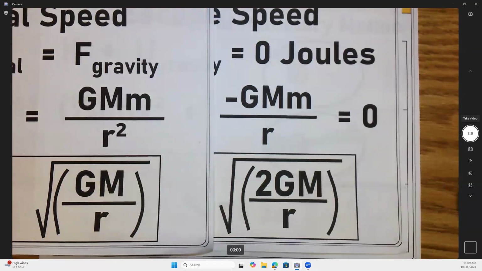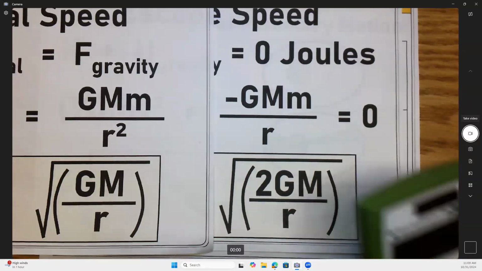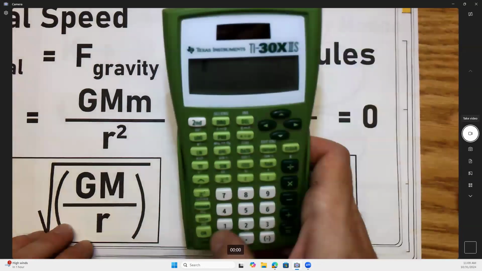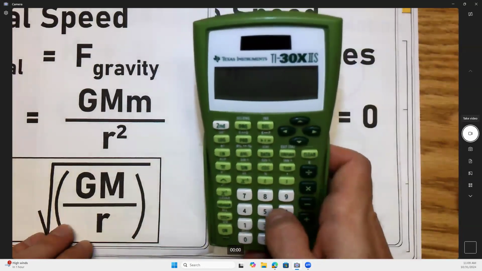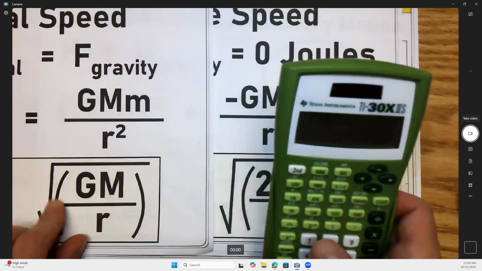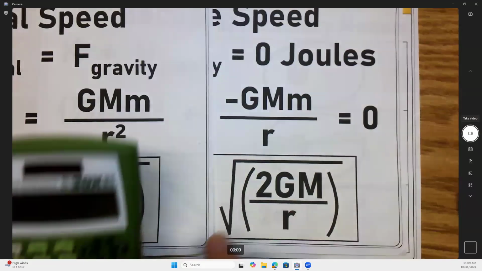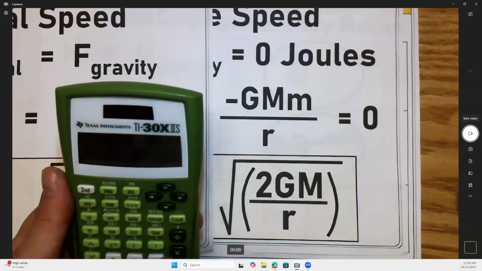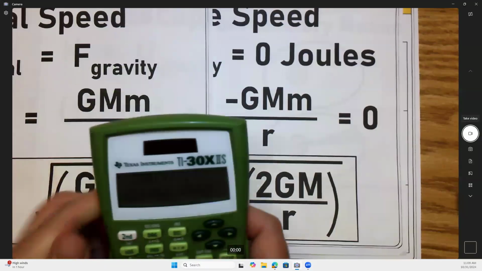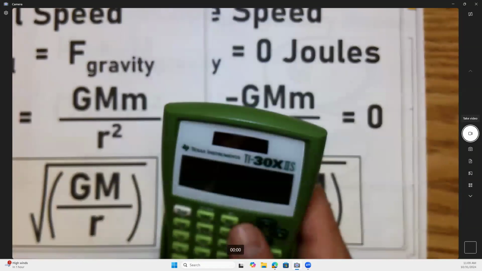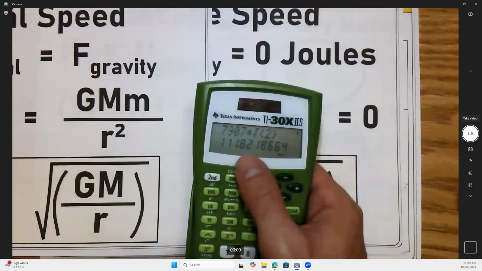Since you guys know orbital speed around the Earth, let's try this out. Let's take orbital speed, which comes out to, I think you guys got 7,907 meters per second when you put that in the other day. And then I'm going to multiply by the square root of 2, like 1.414. And here's the escape speed from the Earth, 11,180 something meters per second.